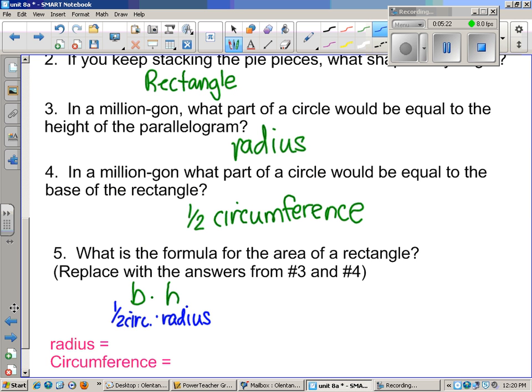Okay? Now, of course, in math, they can never just let us use words that we've already used before or the ones we know in English. They have to make up new words. So the radius of a polygon, the part that goes from the center of the polygon to the side, is called the apothem.